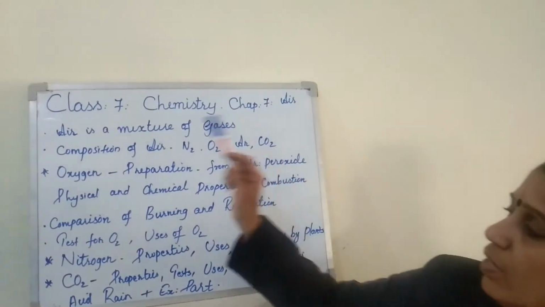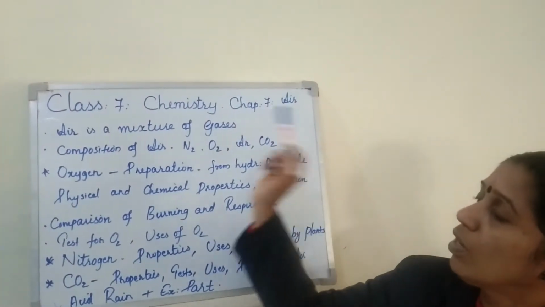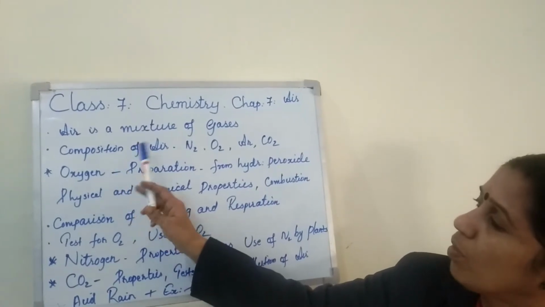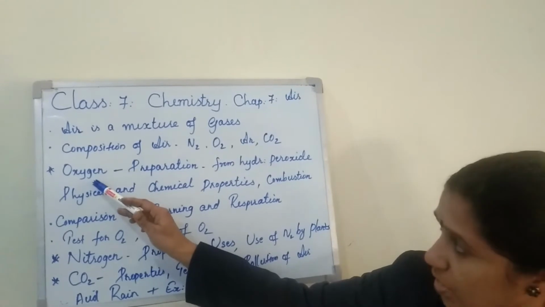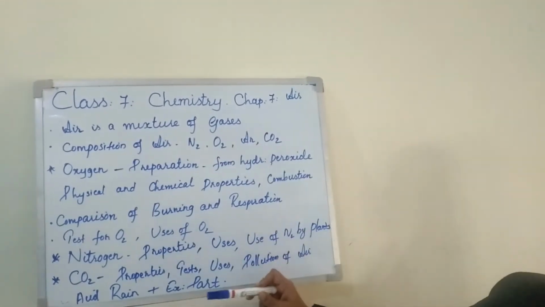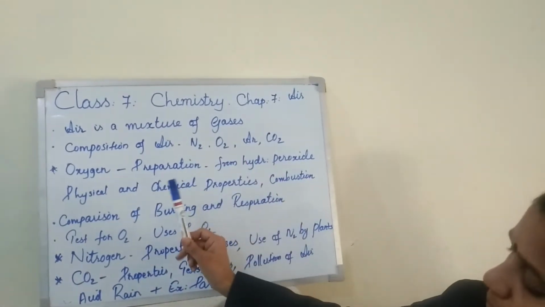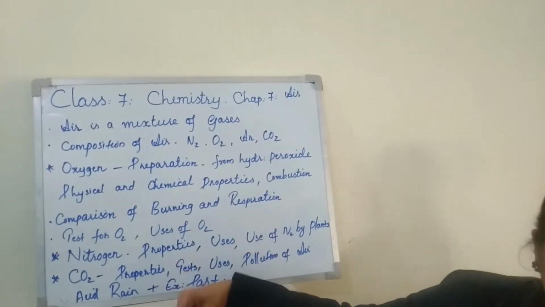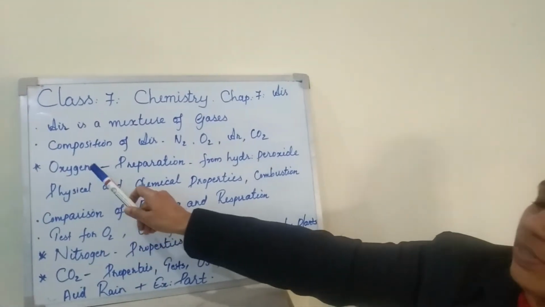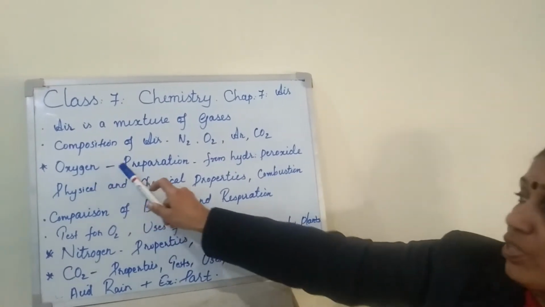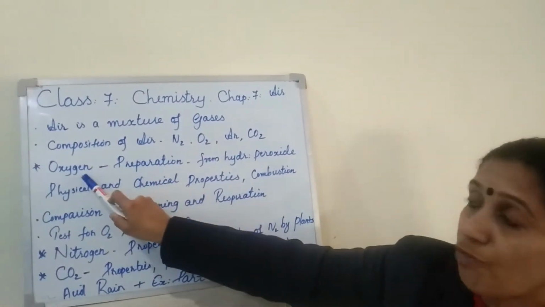So the important gas of the air is oxygen. In this chapter, we know that oxygen is essential for respiration. What topics are included here? Preparation of oxygen.